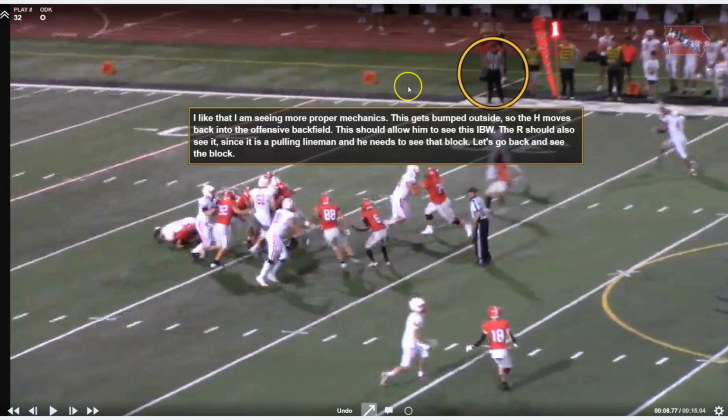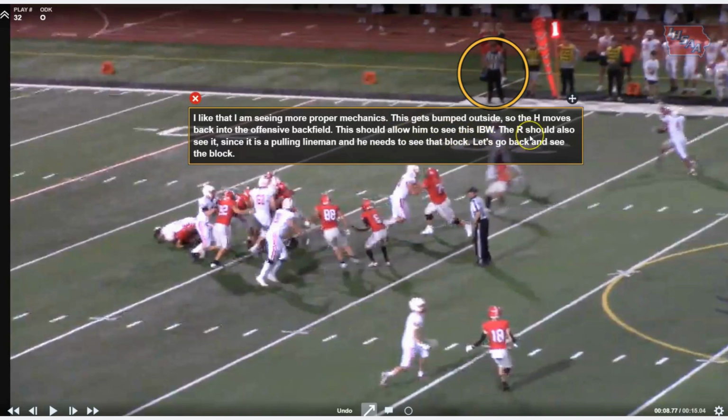This play gets bumped outside the tight end. So remember, when that play starts going outside the tight end, more towards the sideline, if it's a first or second down play, we want our head linesman and our line judge to back up. So he backed up. He's 2-3 yards in that offensive backfield, and now that allows him to have a better view. And he should see this block below the waist.